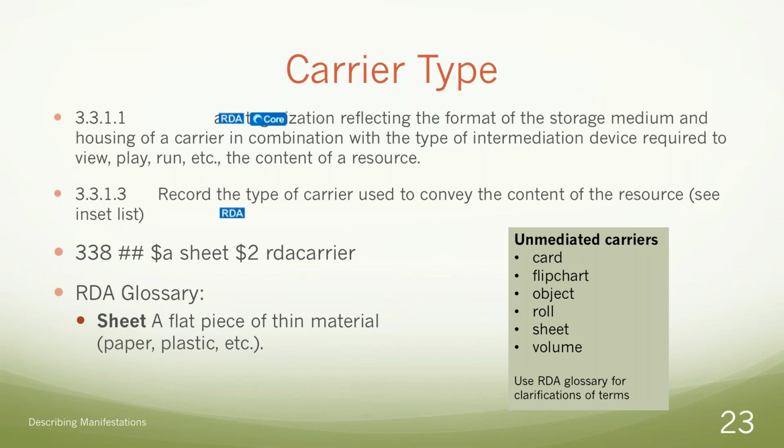If you've got something smaller that's in the line of a card, then you would use that term. If you've got a book of paintings, for example, you would go ahead and use volume. So use the one that is most appropriate for whatever you are cataloging.